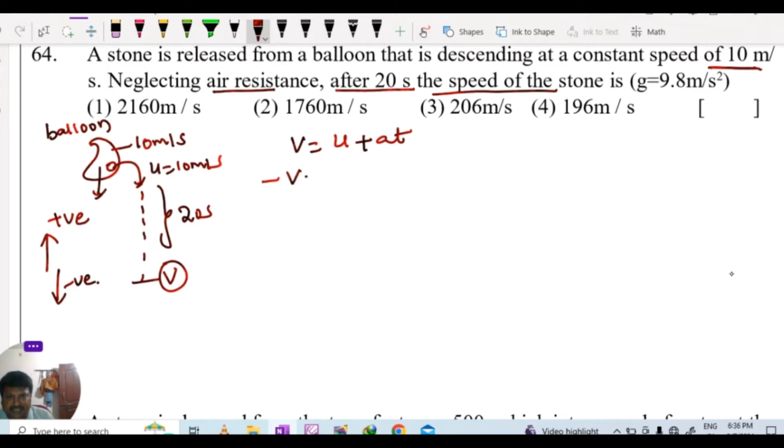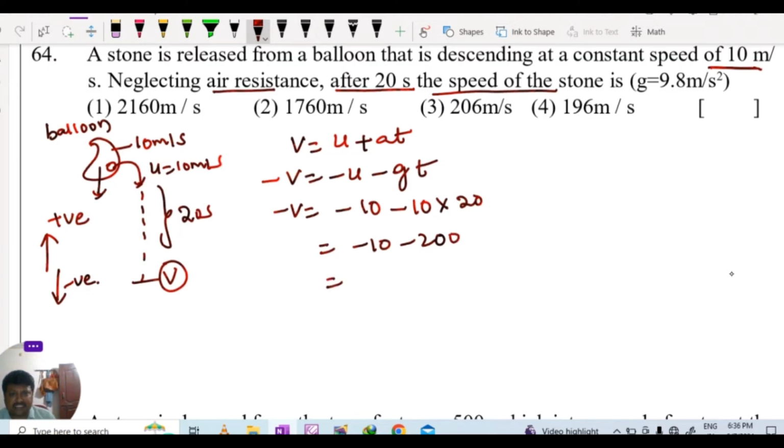Here final velocity is minus v, initial velocity is also downward, that is minus u, and a is minus g. So minus v is equal to minus 10, minus 10 into time 20 seconds, that is minus 10 minus 200, that is equal to minus 210 meter per second.